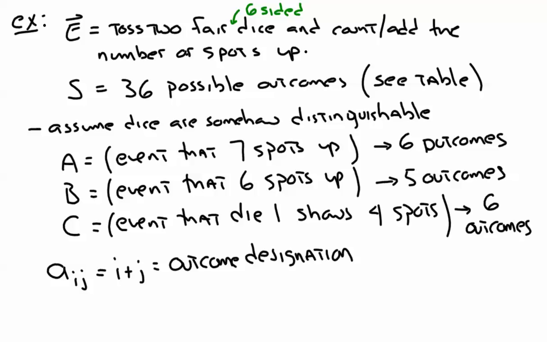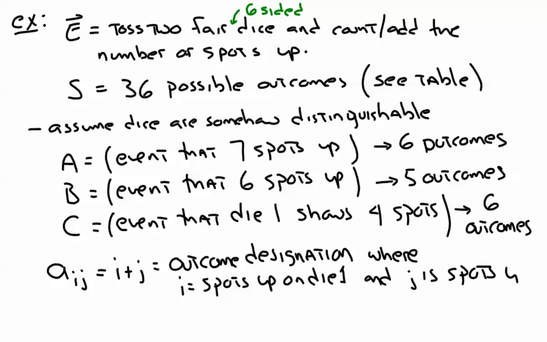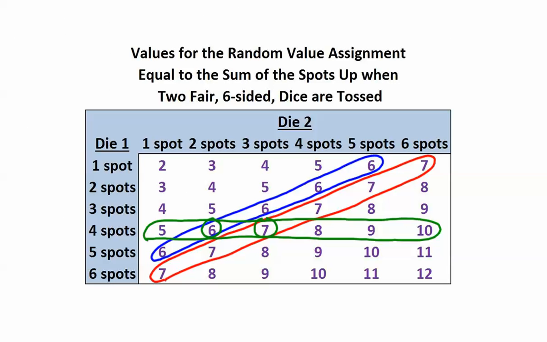It's one of the values in the table that I've been showing you, where the outcome is the sum of the spots up, and where i is spots up on die 1, and j is spots up on die 2. So there are the 36 A sub i j values.